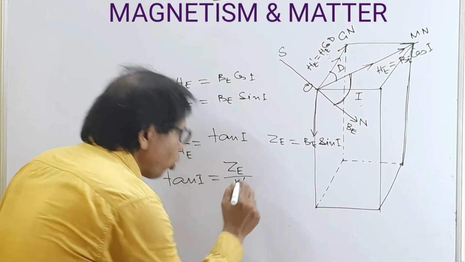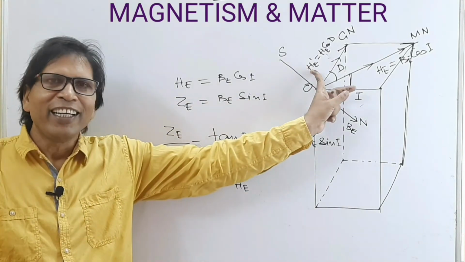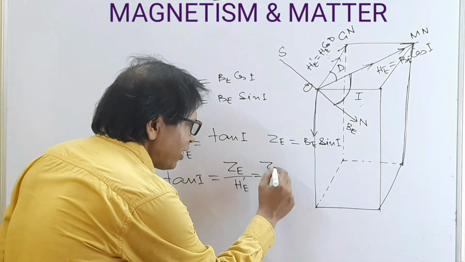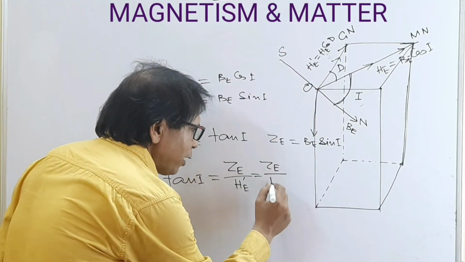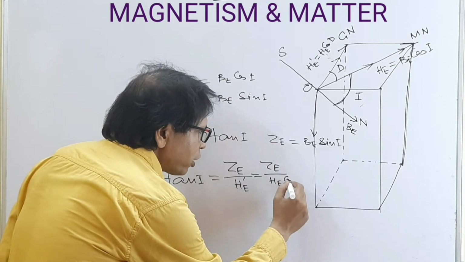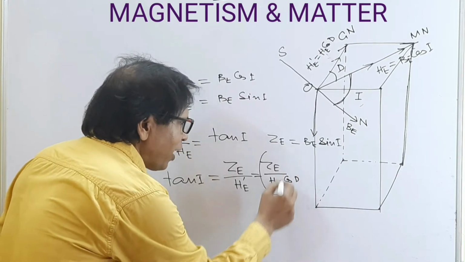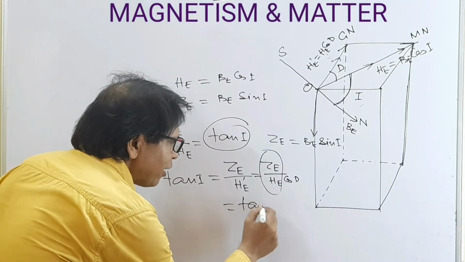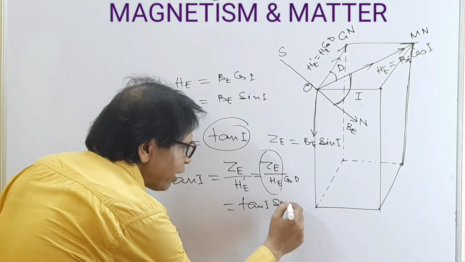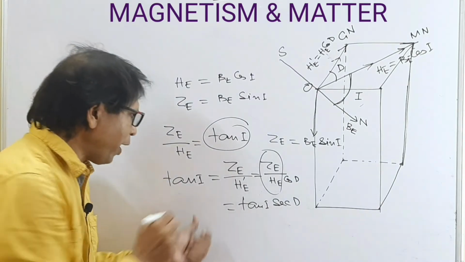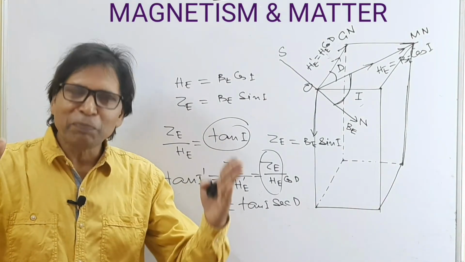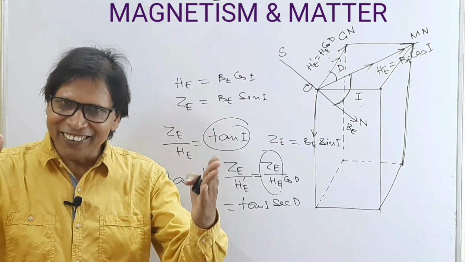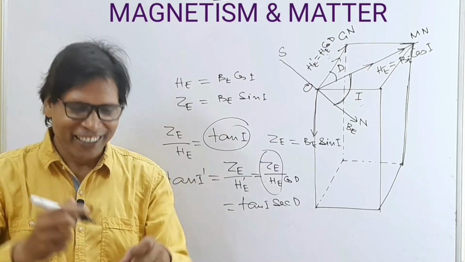Now horizontal component in geographic meridian is HE dash. Now look at this. This is the ZE divided by HE cos D. Now look at this. This is the tan I. So here tan I into sec D is the apparent dip with respect to geographic meridian. Okay, understood?